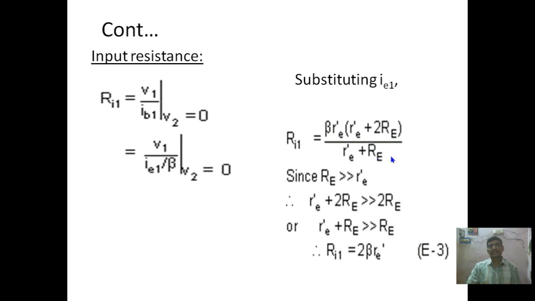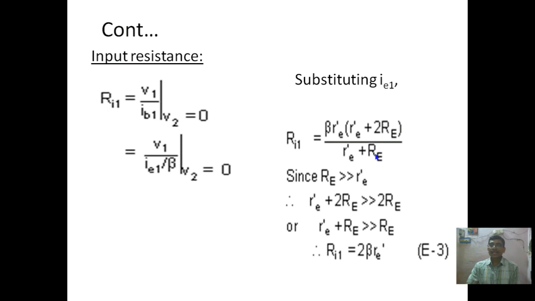And we know that the capital Re, the external emitter resistance, is very much greater than Re dash. So we can neglect the small Re dash in the above equations. Then the numerator term becomes beta Re dash into 2Re divided by Re only.